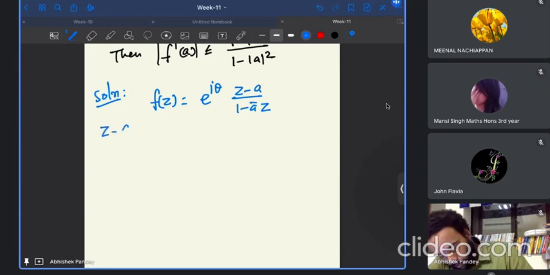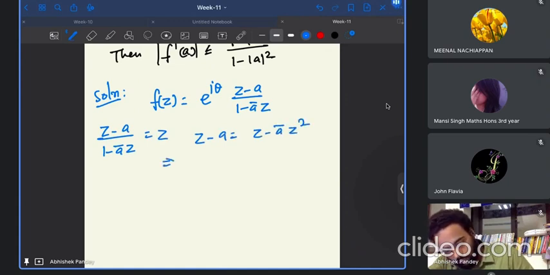To calculate the fixed points in general, we have to solve this equation. This implies z square is equal to basically a by a bar, which means that mod z square equals 1.